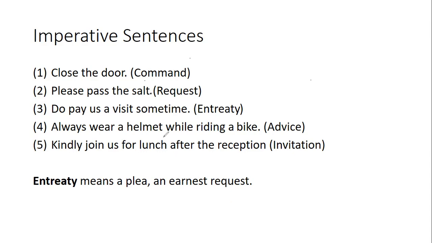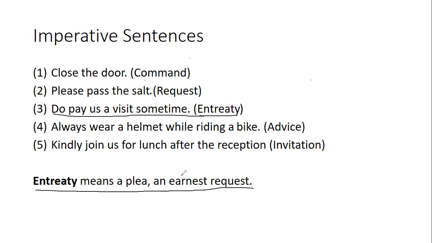Do pay us a visit sometime. It is an entreaty. What is an entreaty? Entreaty means a plea, an earnest request. Please visit us. Do pay us a visit sometime. It is an entreaty. A request is made. An earnest request is made.